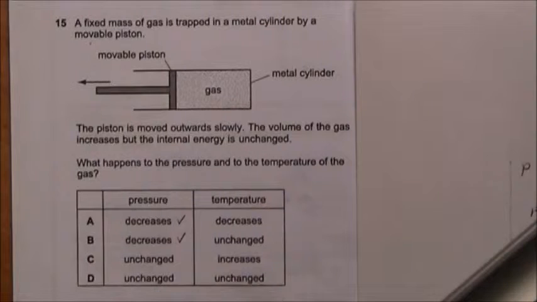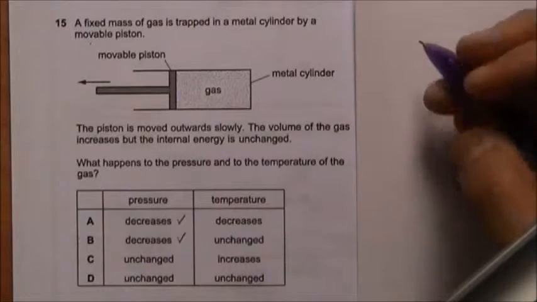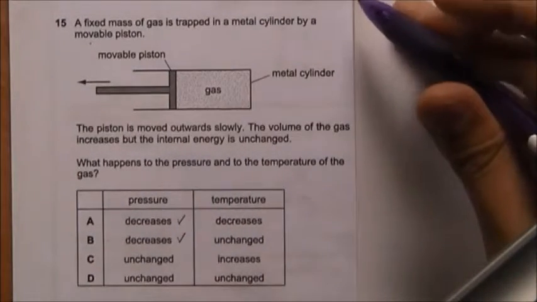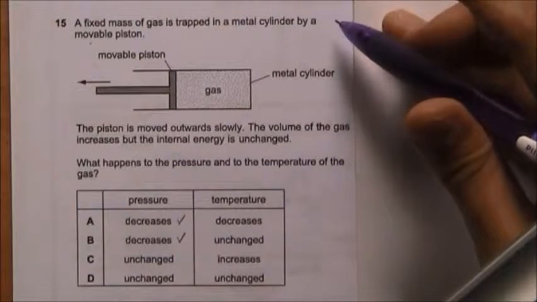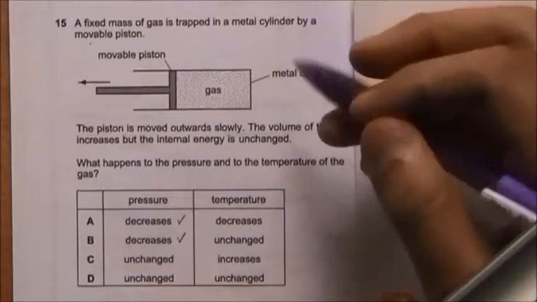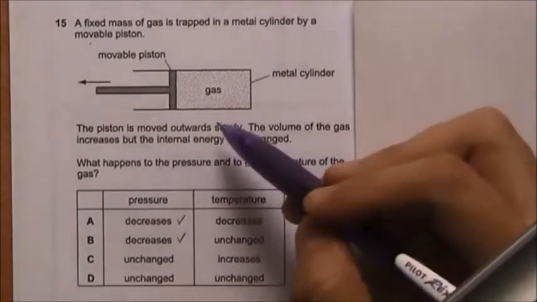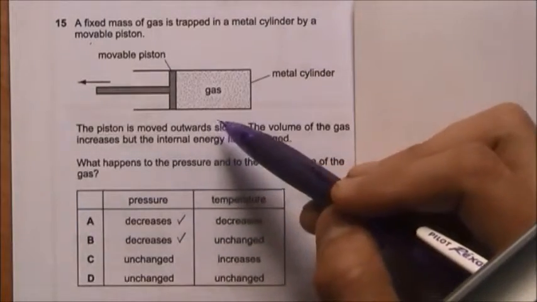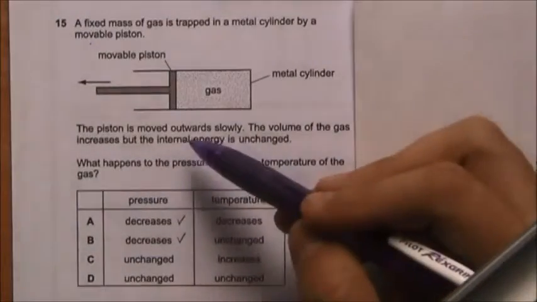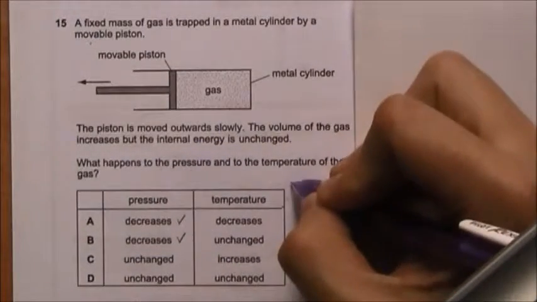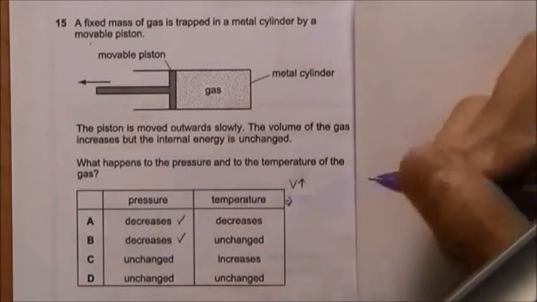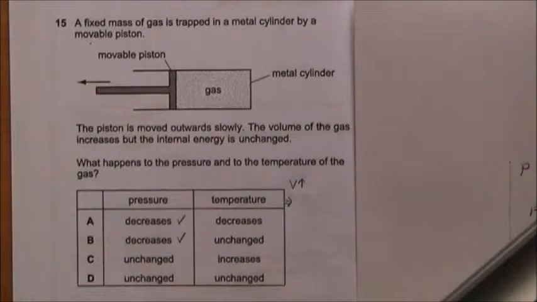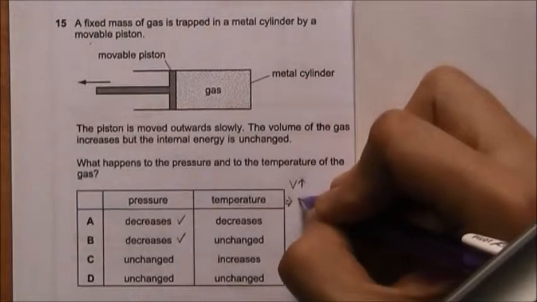Okay, for this question, a candidate will require quite a strong conceptual understanding in thermal physics to solve the question. And the question can be divided into two parts. First of all, the piston is being moved outwards slowly and the volume of the gas increases. So as the volume increases, it will actually pull the particles apart.